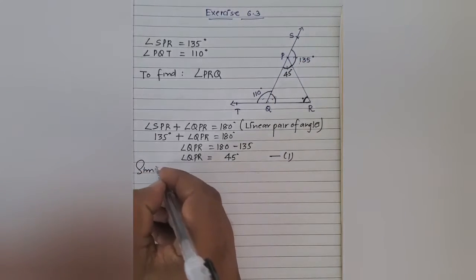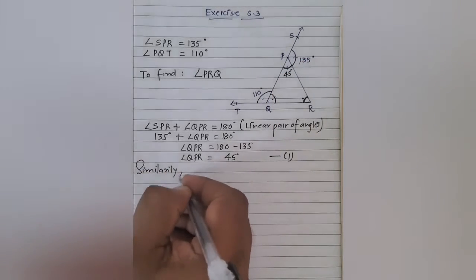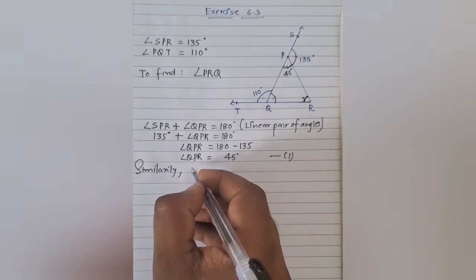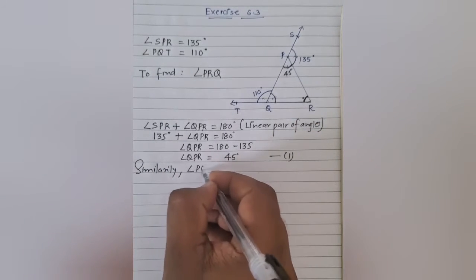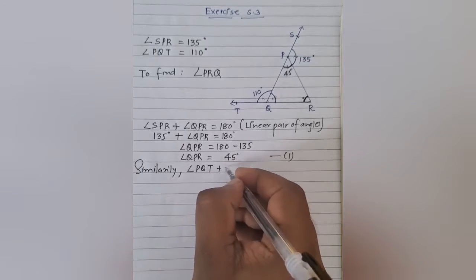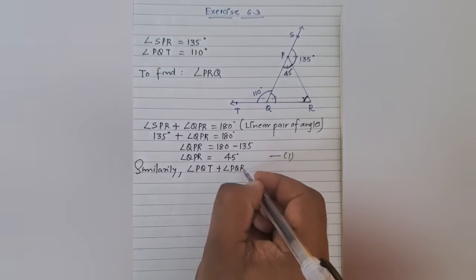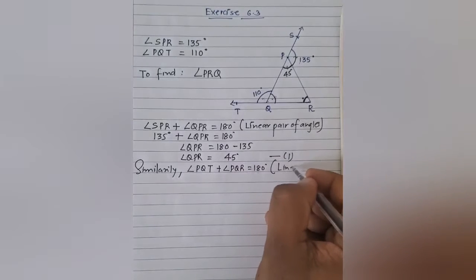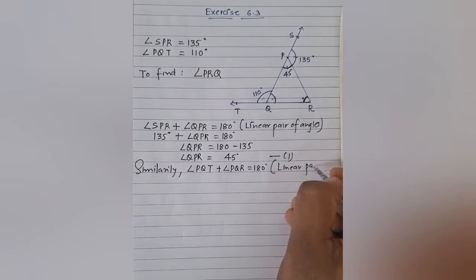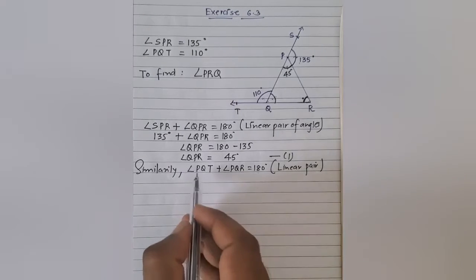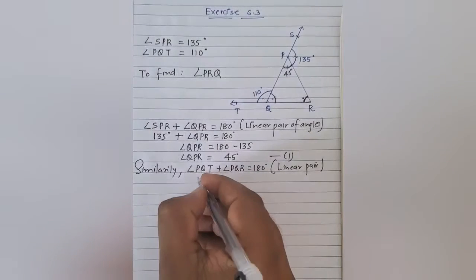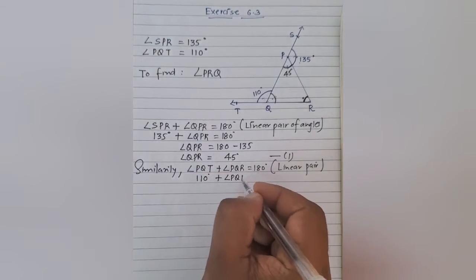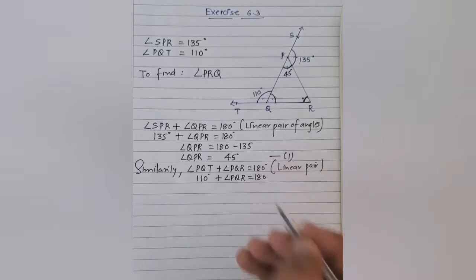Similarly, these two angles are also a linear pair. So angle PQT plus angle PQR also makes up 180 degree. The reason is they are a linear pair of angles, and PQT is already given as 110 degree, plus angle PQR is equal to 180.